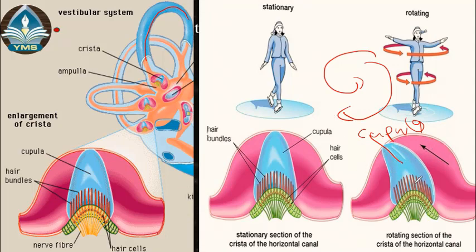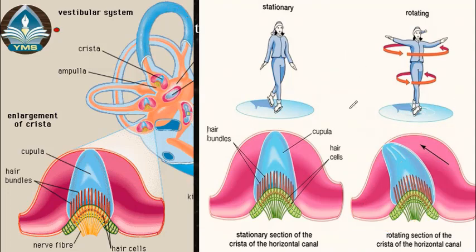Now it causes these hair cells to move as well, which will cause them to detect your movement, is it left or right. Then it will send action potential to the center of balance in the brain. So it's going to go from the vestibular nerve to the vestibulocochlear nerve, then it's going to go to the cerebrum, to the center of balance in the brain, and this is how we detect the rotational movement of the head.